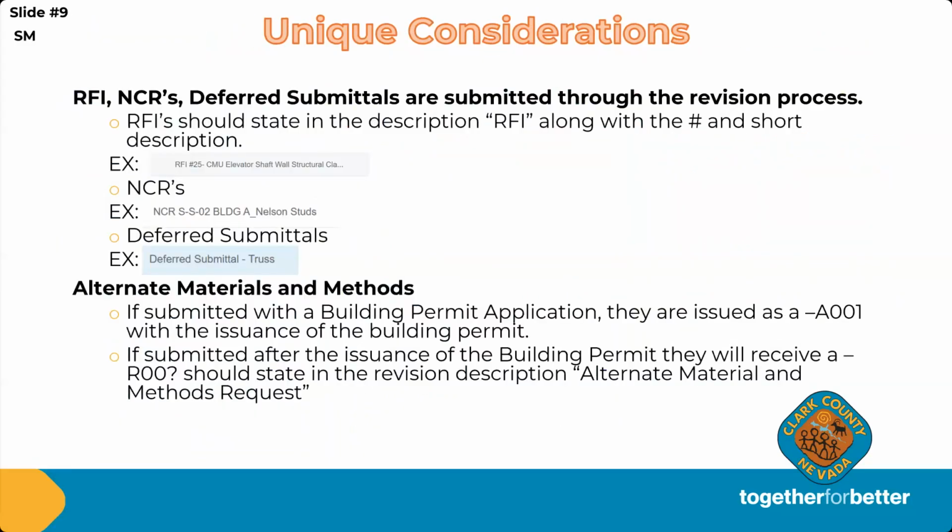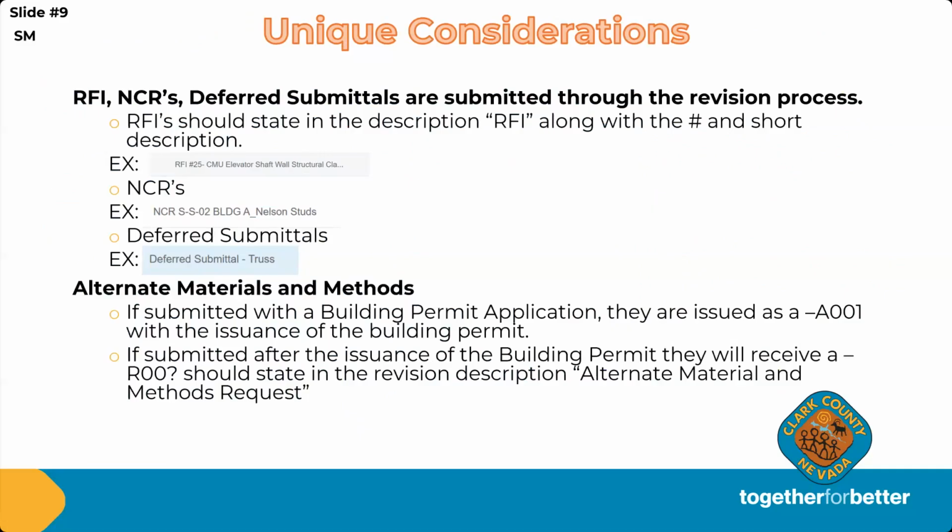So a couple of types of revisions that are a little unique, just wanted to bring up, would be if you have a revision that is for an RFI, an NCR, a deferred submittal. A lot of times with deferred submittal, some customers get confused that they're not sure how to provide that deferred submittal to us. Those are all done through revision, not revision additional scope of work, but just a basic revision.